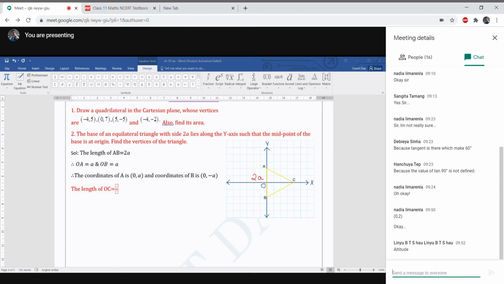Yeah, altitude. So the altitude of an equilateral triangle formula is root 3 by 4, or root 3 by 2? Root 3 by 4, I guess.